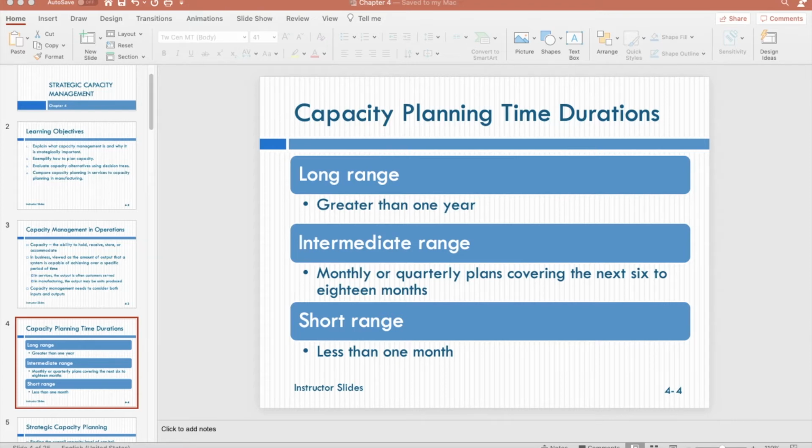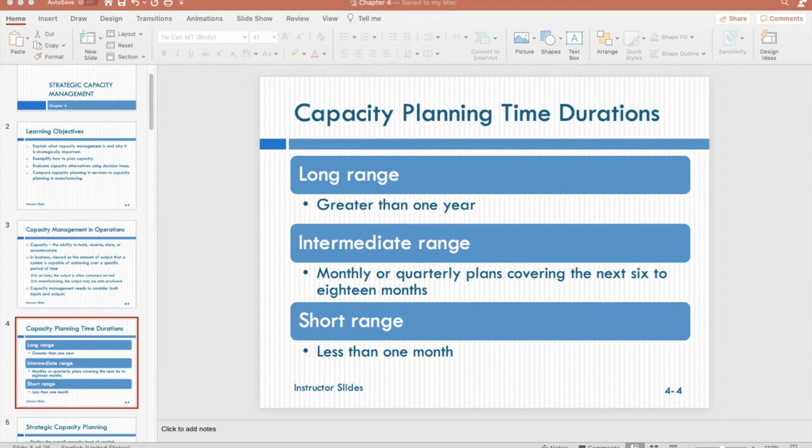So the intermediate range capacity planning is normally a monthly or quarterly plan about capacity management. That will cover, let's say, the next few months or next few weeks of operation management scheduling. That basically corresponds to the intermediate range capacity planning.